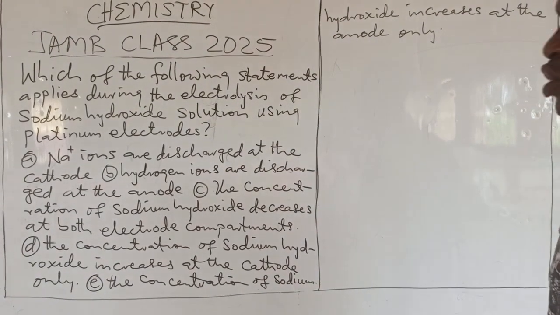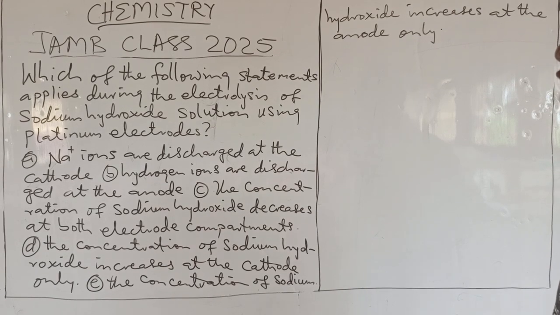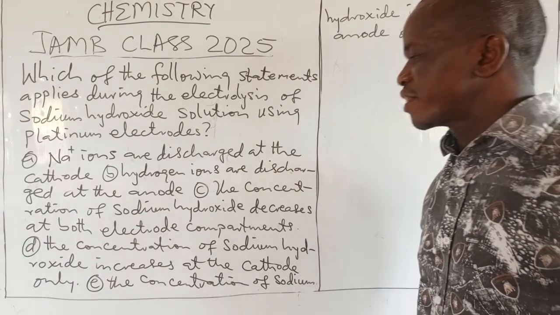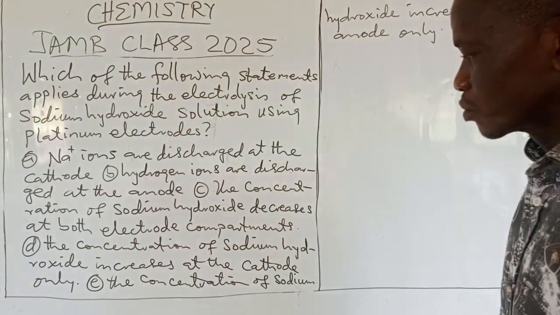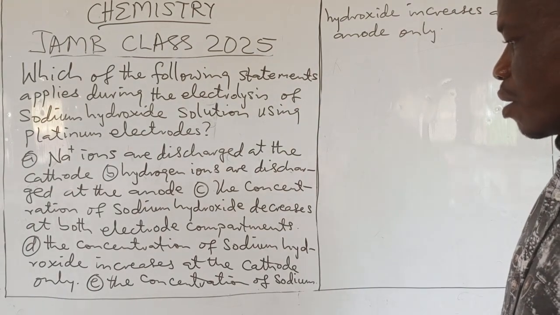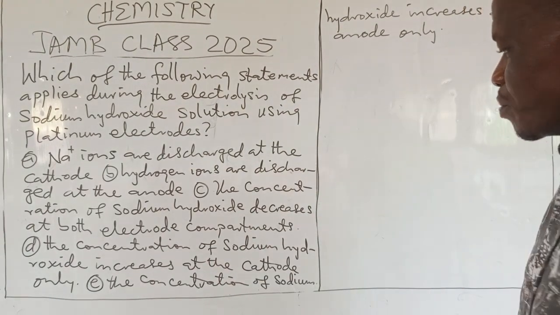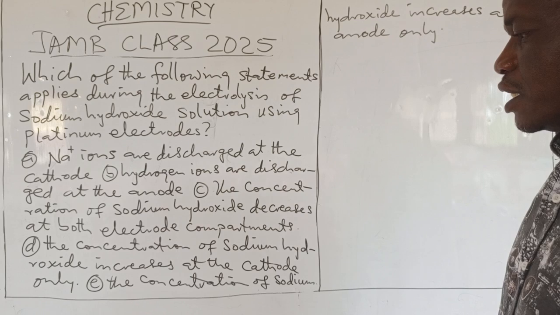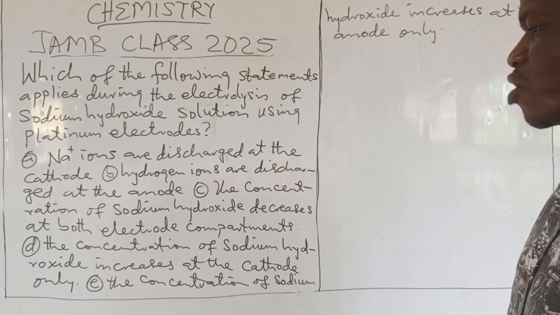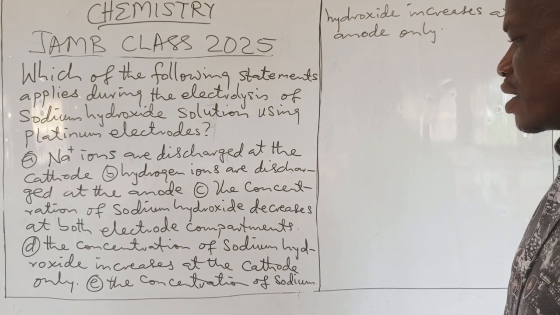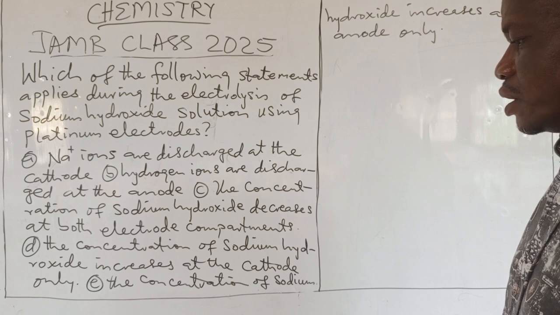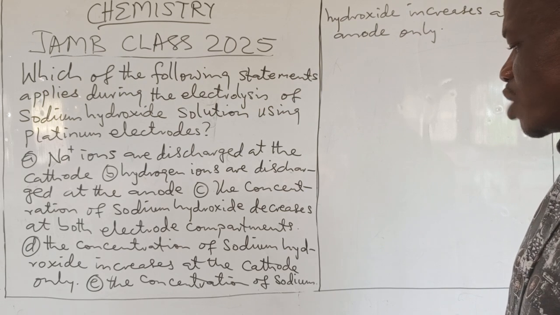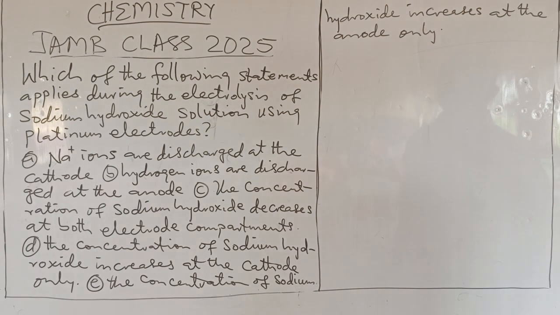C. The concentration of sodium hydroxide decreases at both electrode compartments. D. The concentration of sodium hydroxide increases at the cathode only. E. The concentration of sodium hydroxide increases at the anode only.